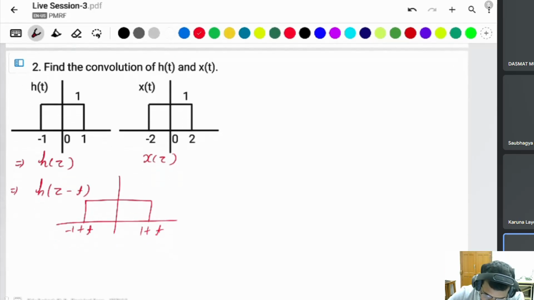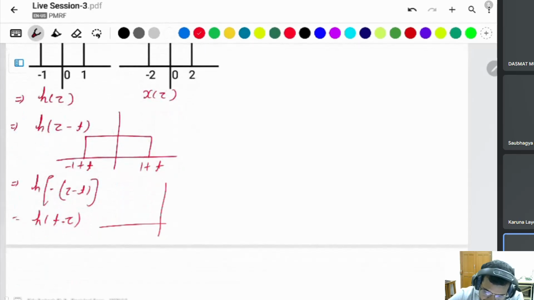Then you reflect that same signal with respect to the y-axis by taking negative tau minus t, and this is h(t minus tau). Because this is a symmetric signal with respect to the y-axis, this will be the same. There is no change between them. This is 1, 0.